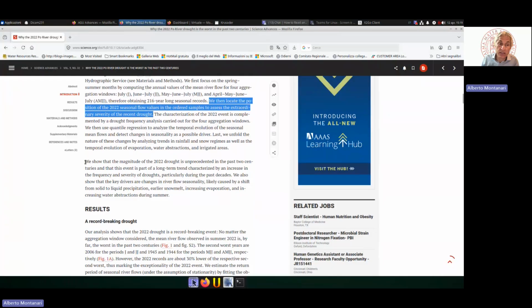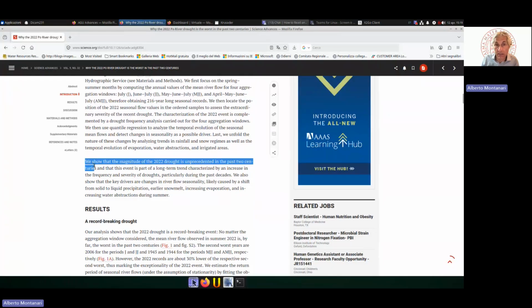And then I jump to the last paragraph, where I am expecting an anticipation of the results. We show that the magnitude of the 2022 drought is unprecedented in the past 2 centuries, and this event is part of a long-term trend characterized by an increase in the frequency and severity of droughts, particularly during the past decades.